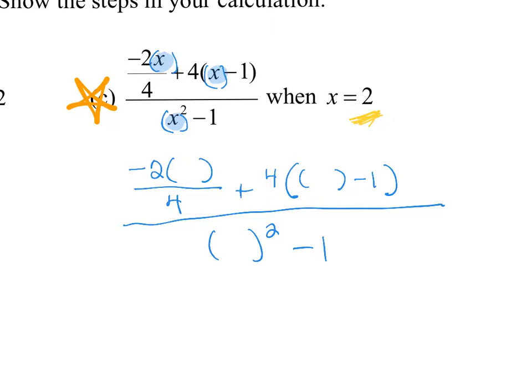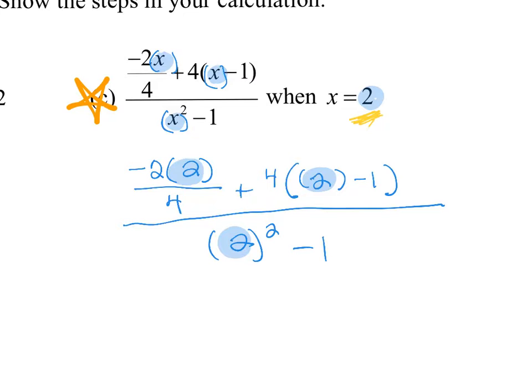What that does is, if you have a negative number, you're less likely to mess up where your sign is. So we're going to substitute 2 here, here, and here. 2, 2, 2. And now we've got to take care of all of this using our order of operations.